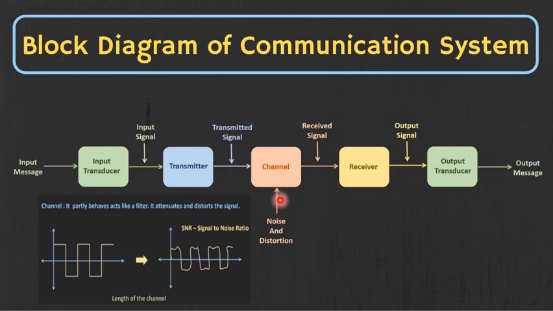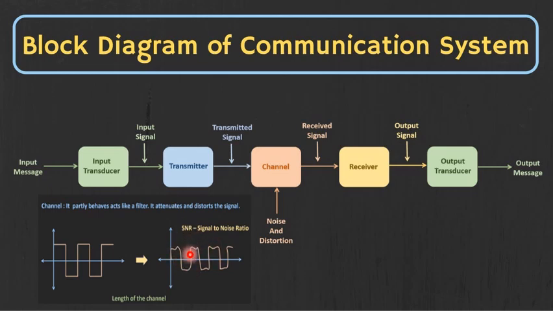If this is the transmitted signal at the transmitter end, at the receiver we may receive the attenuated as well as the distorted signal. By what amount the signal will get attenuated and distorted will depend on the length of the channel. So if the signal travels longer in a particular medium, the attenuation and distortion of the signal will be more, as shown here.